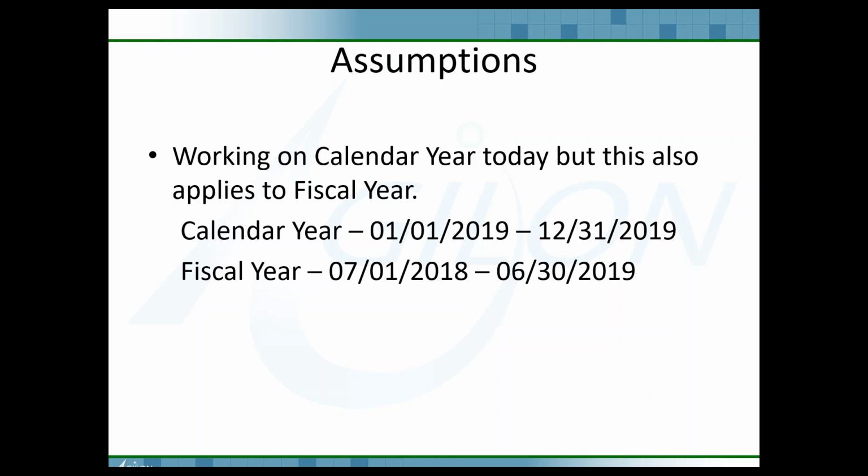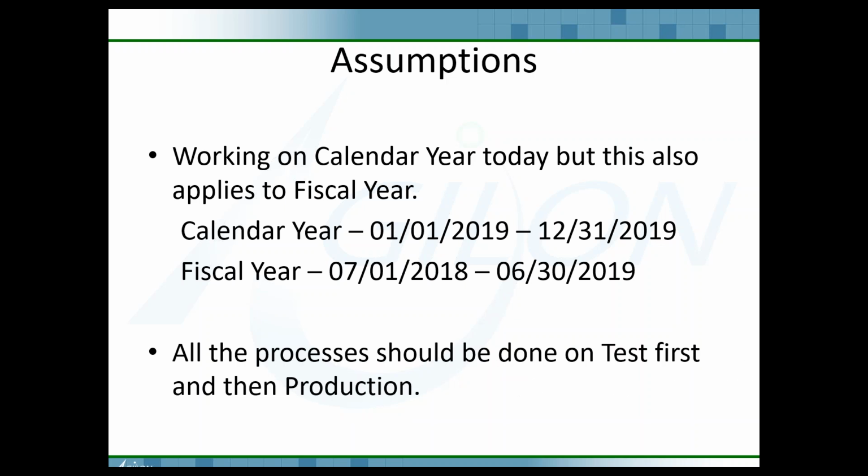So when fiscal year rolls around for your organization, these are the same steps you'll want to do at that time. And all of the processes I'm going to show you today should be done on test first and then production.